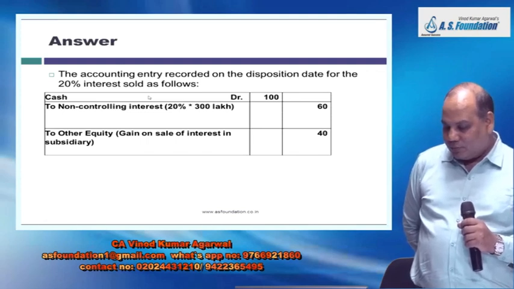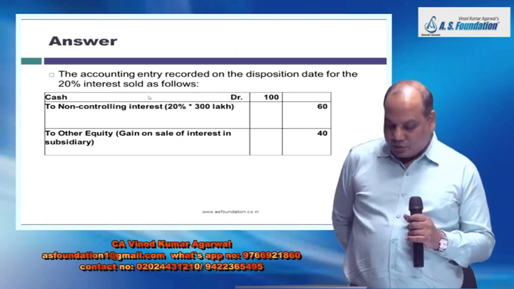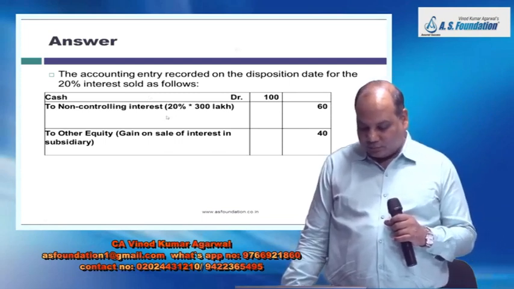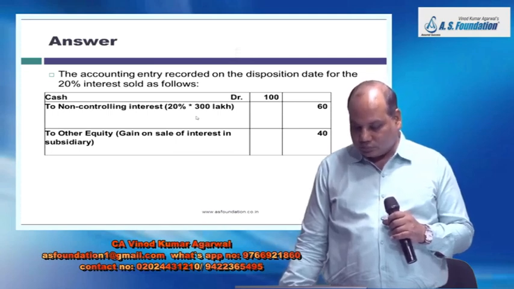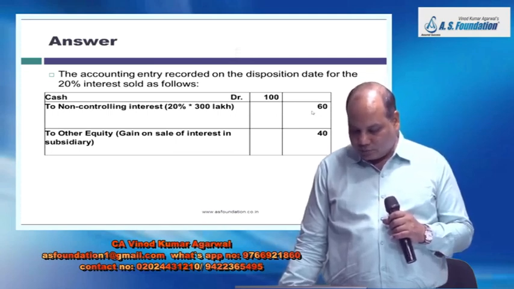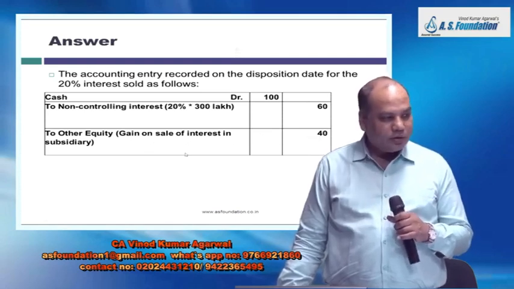Question number 14. The accounting entry will be cash account debit 100 to NCI 20% of 300, that is 60, and the gain we will transfer to other equity 40, being gain on sale of interest in subsidiary.